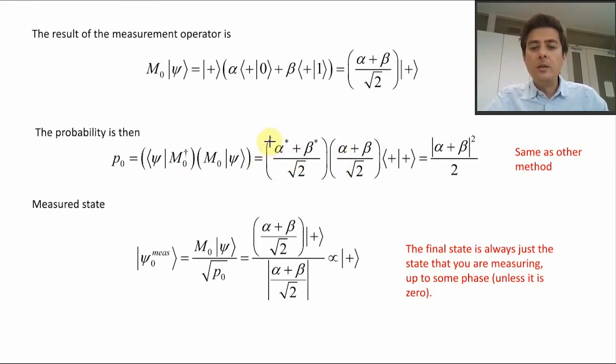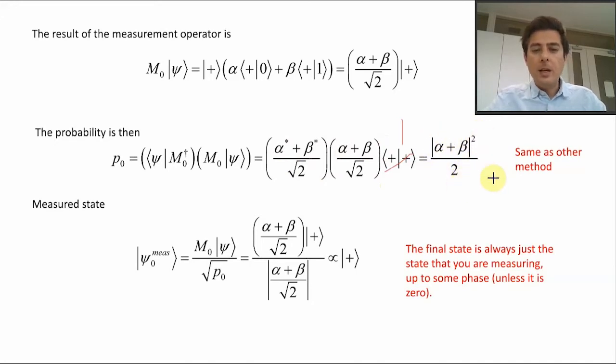So here's the complex conjugate of that number, and this term is coming from the regular right-hand side, this vector here, and here we've got the inner product of plus, and this is always just 1. So it's just these two things, and a more compact way to write the same thing is that.